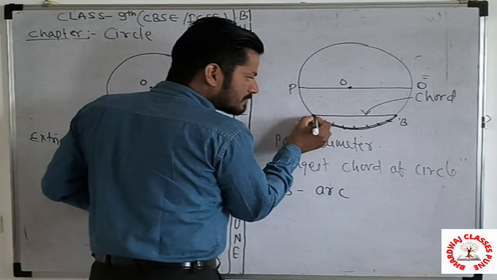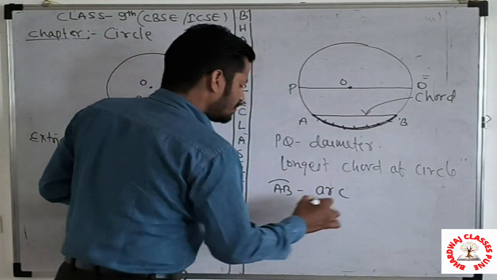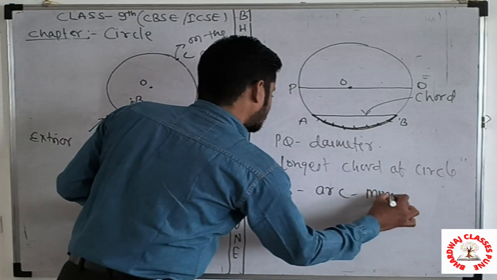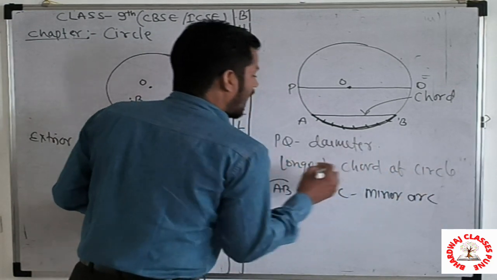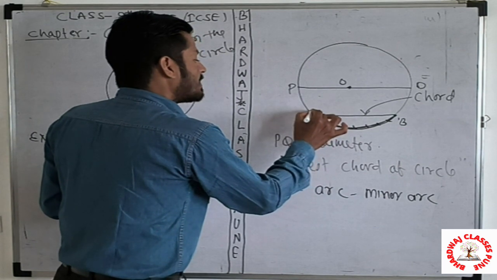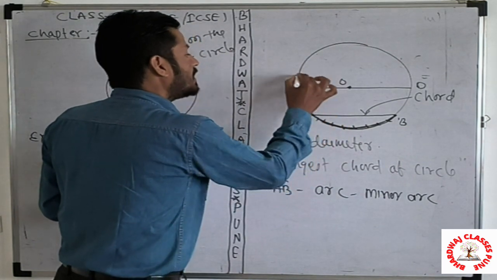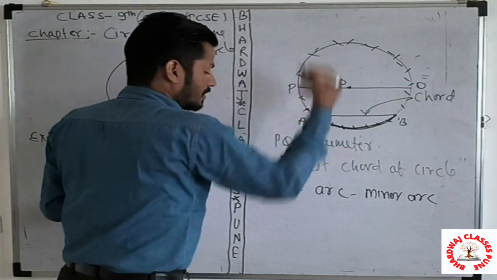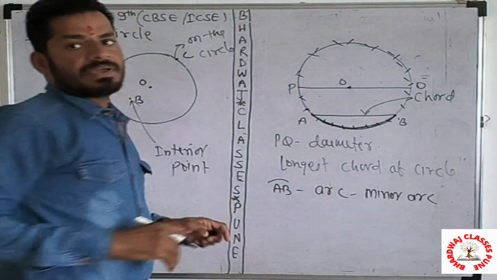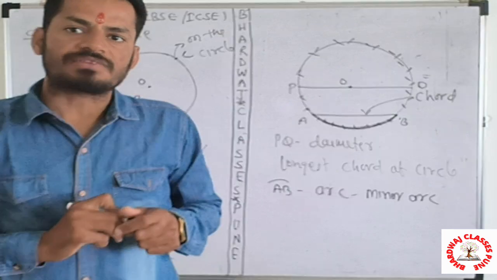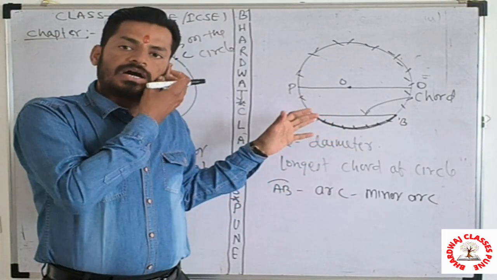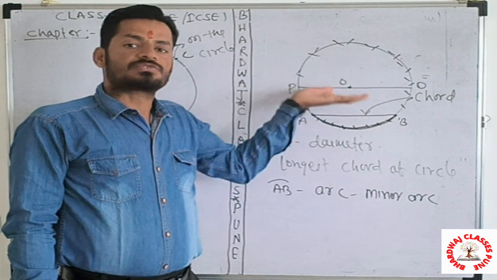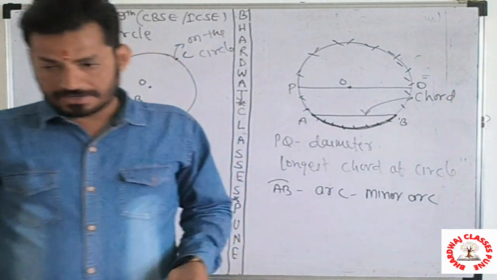This is the smaller part of the arc, so you can say that AB is a minor arc. And this AB above is called the major arc. That means a chord divides the circle into two parts. One is called the minor arc, another is called the major arc.